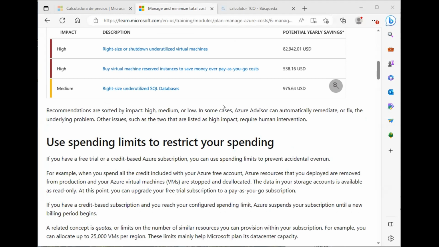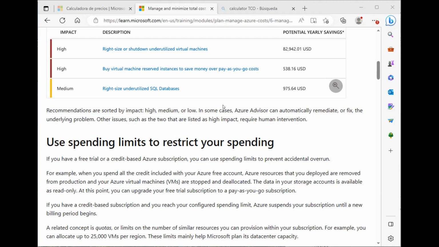For example, when you spend all the credits included with your Azure free account, Azure resources that you deployed are removed from production and your Azure virtual machines are stopped and deallocated. The data in your storage account is available as read-only. At this point, you can upgrade your free subscription to a pay-as-you-go subscription.